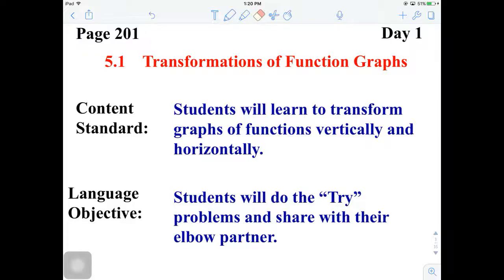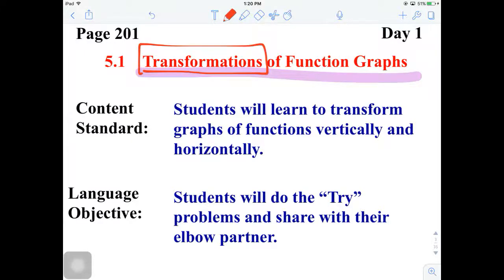So today we are beginning Module 5, which is the transformation of function graphs. So we are looking at transformation. Let's take a look at the word transformation. To transform something is to make a change, which means that we are going to be making changes to the graph by the way that the equation is changed.